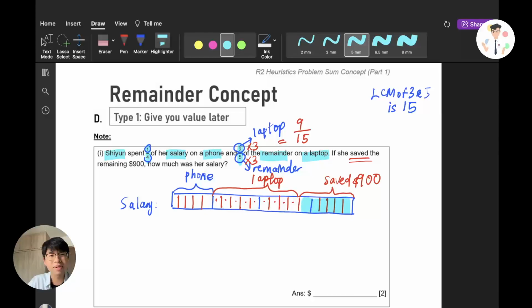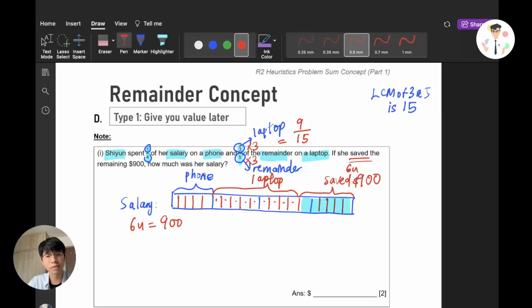Now, can you tell me how many units is it? 1, 2, 3, 4, 5, 6. Oh, this is actually 6 units. So can I actually say that these 6 units are equal to 900? Yes, you can. And with that said, I now know that if 6 units is 900, 1 unit is equal to 150.